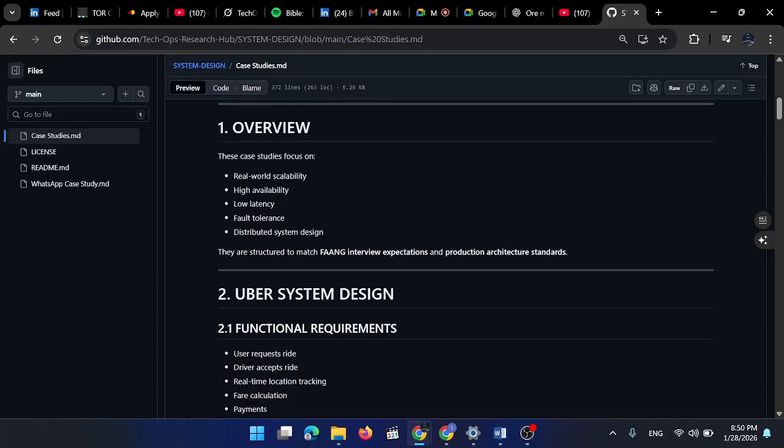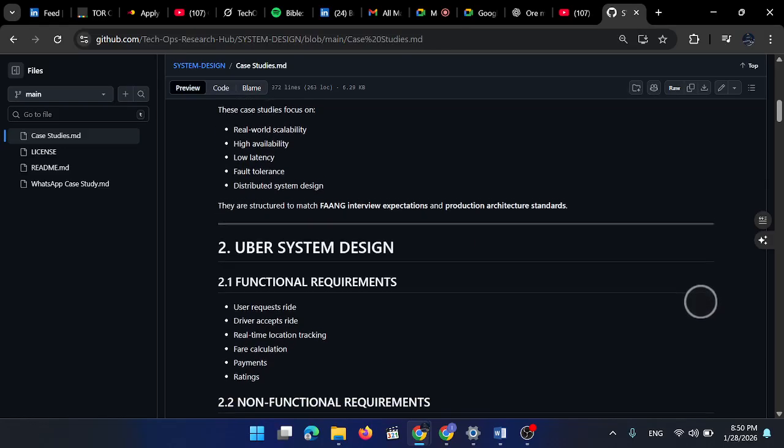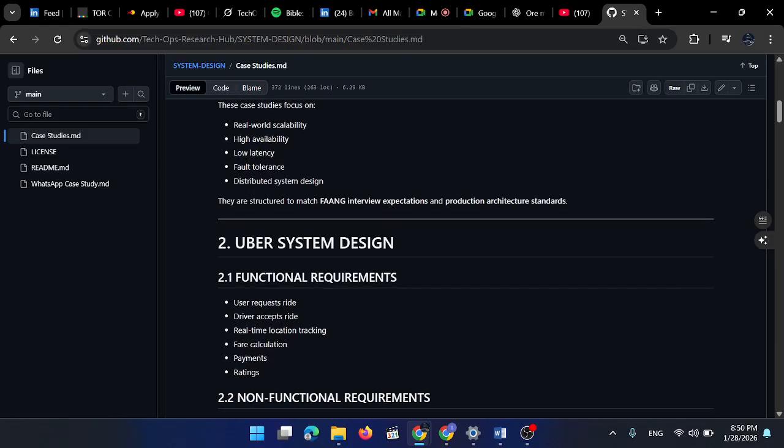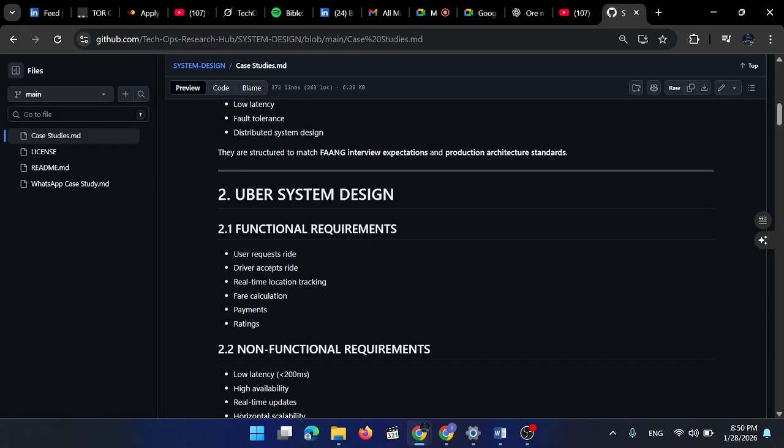Then let's look at the overview bit of it here. These case studies focus on one, real world scalability, two, high availability, three, low latency, four, fault tolerance, and five, distributed system design. They are structured to match FANG interview expectations and production architecture standards.